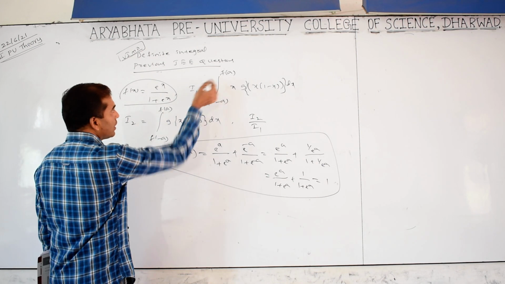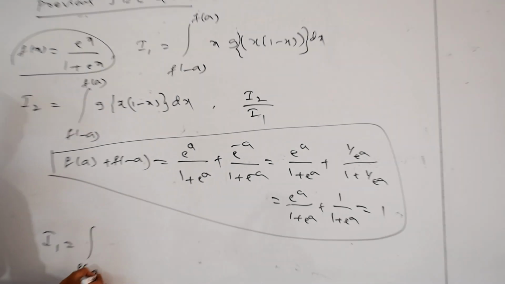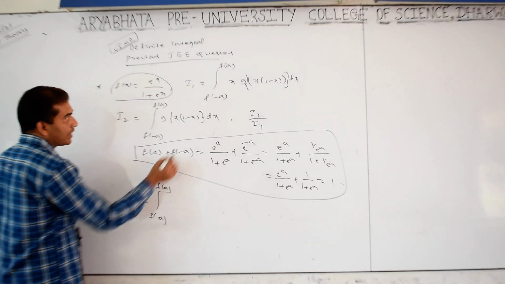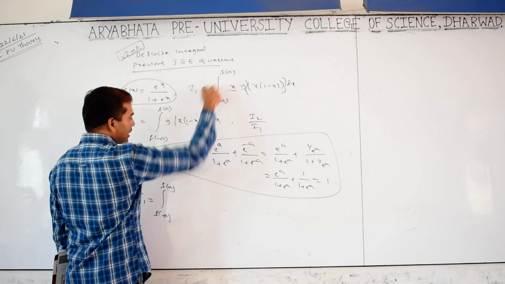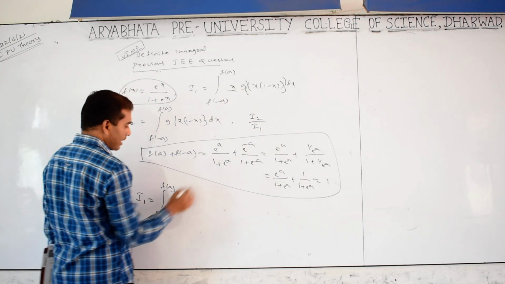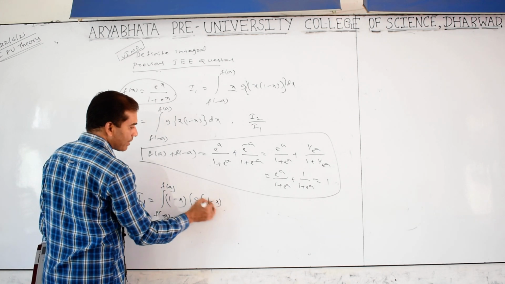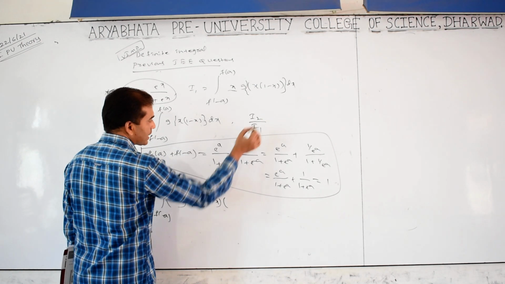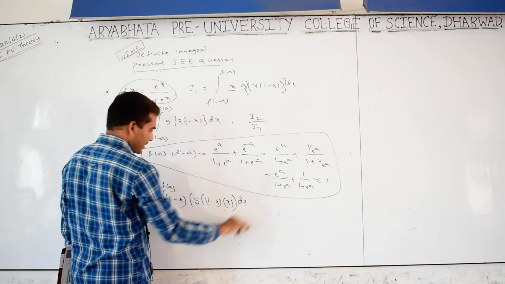So let us use the property: I1 equals integration of f of minus a to f of a. In place of x, sum of the limits minus x. Sum of the limits is 1. So 1 minus x into g of x is 1 minus x, 1 minus x, 1 minus x, x dx.